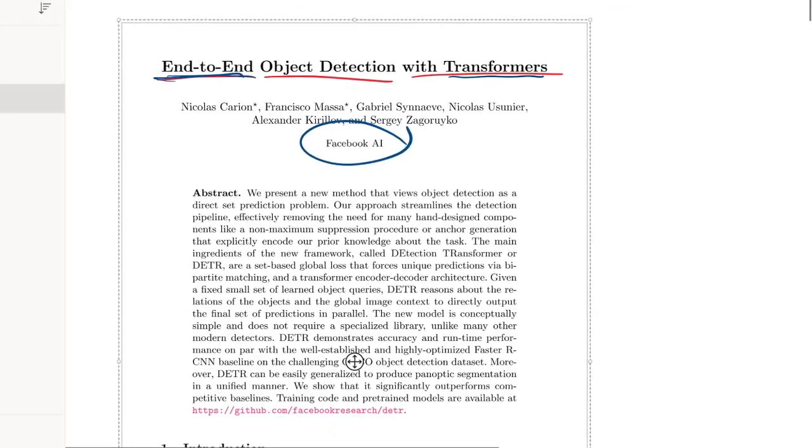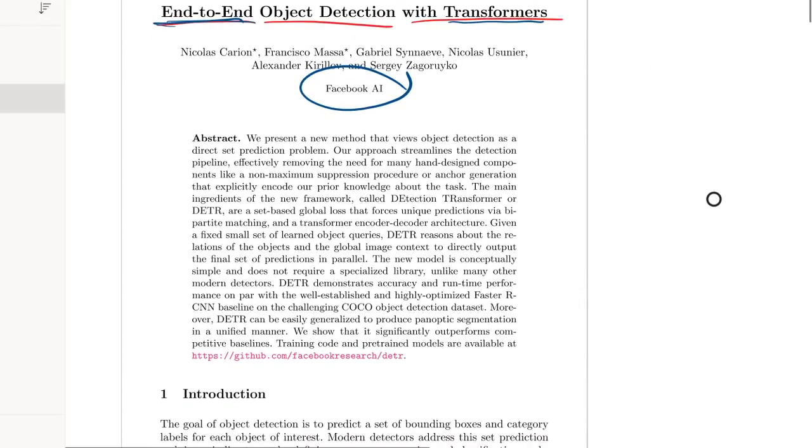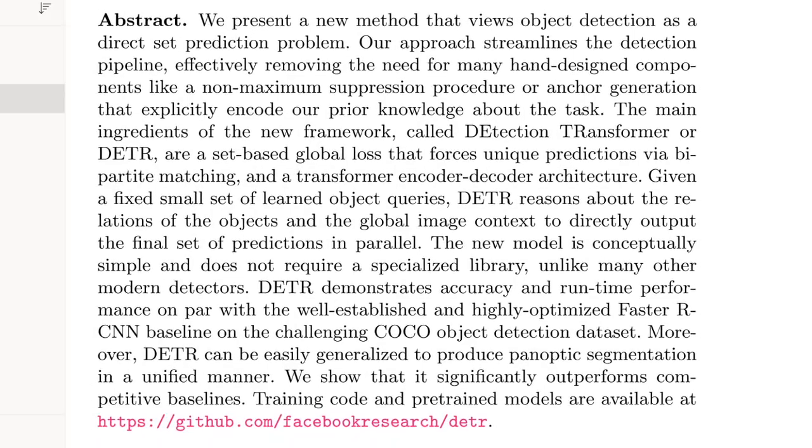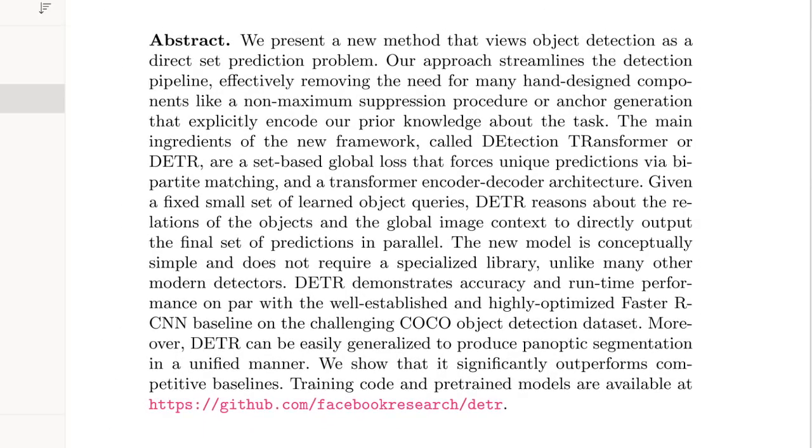Okay, so the second thing is sometimes I see the paper on arXiv and I skim the abstract. Sometimes the abstract is informative and sometimes not. So here: a new method that views object detection as a direct set prediction problem. And I'm like, oh yeah, okay.